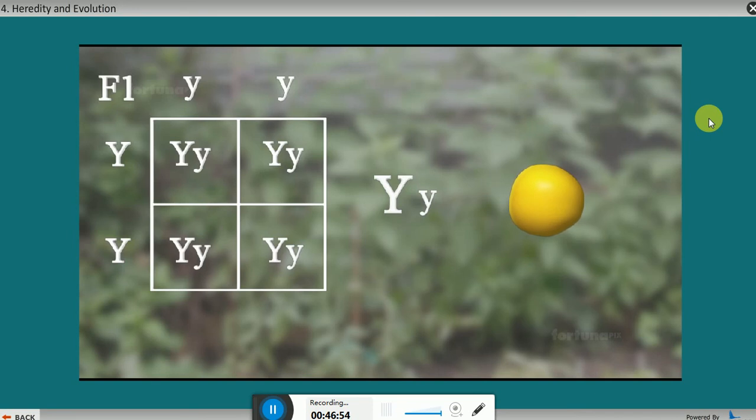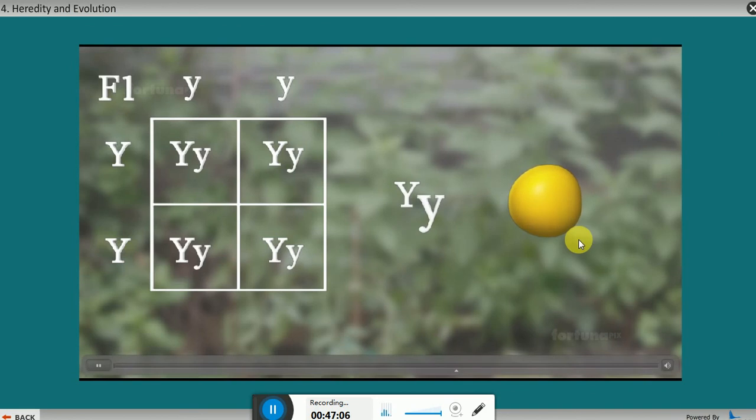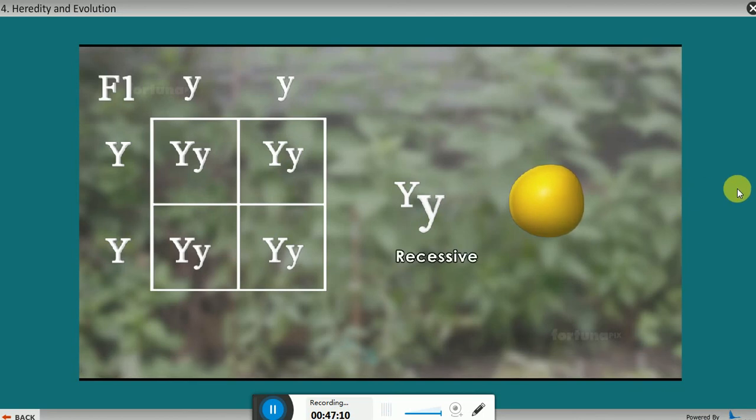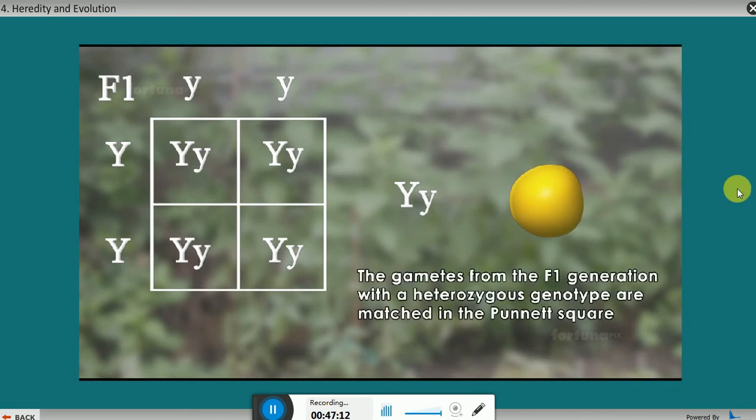Thus, the Y or yellow colored seed allele is referred to as dominant, while y or green colored seed alleles are referred to as recessive. The gametes from the F1 generation with a heterozygous genotype are matched in the Punnett square.